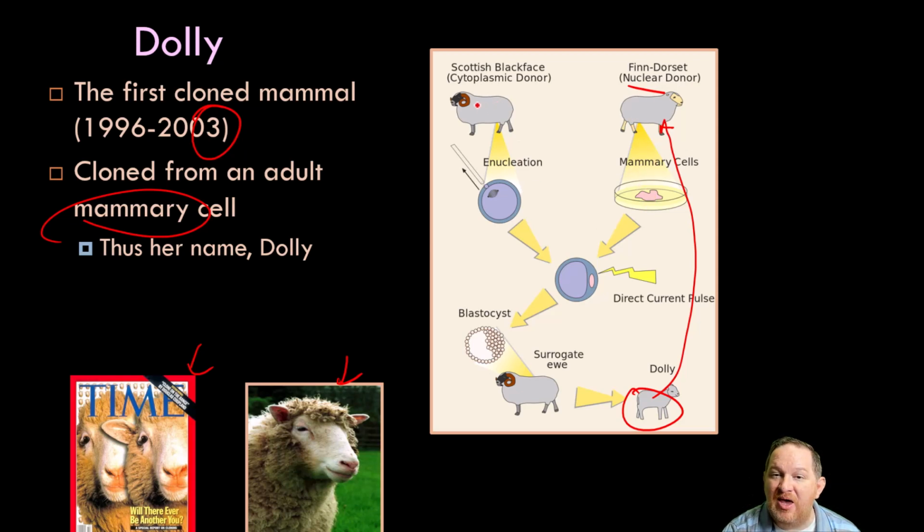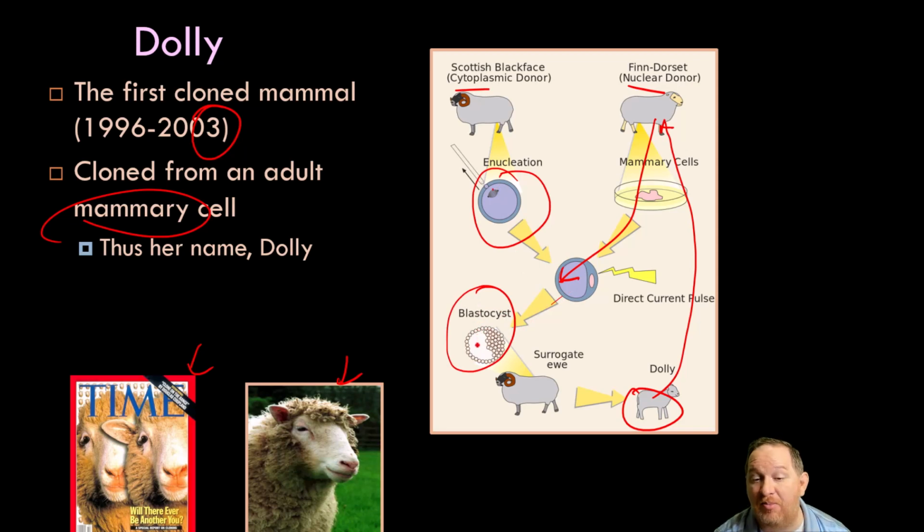Then we took another sheep, a ewe, the Scottish Blackface, which donated the egg and the cytoplasm. We took out its nucleus, and then using some pulses, we implanted the nucleus from the first one into the cell from here, and then this can grow and start going through all of these development processes.